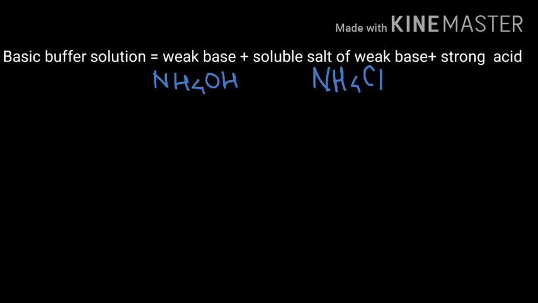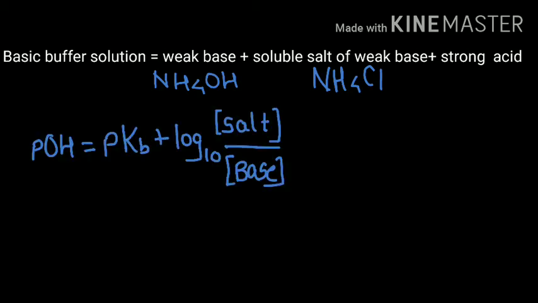The pOH of the basic buffer is given by the equation pOH is equal to pKb plus log to the base 10 of molar concentration of salt divided by molar concentration of base. So it is similar to the pH equation that we derived for the acidic buffer solution.